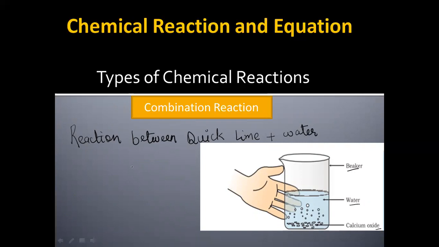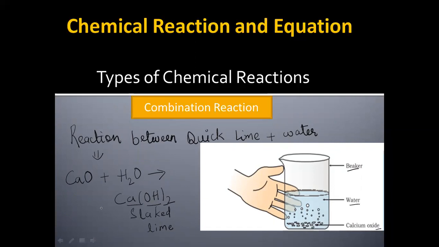Calcium oxide, with the chemical formula CaO, reacts with water, H2O, and produces a single product, Ca(OH)2. What's this? This is slaked lime. Hope you all know this is slaked lime.